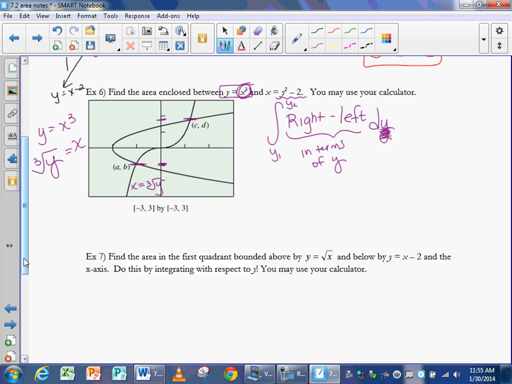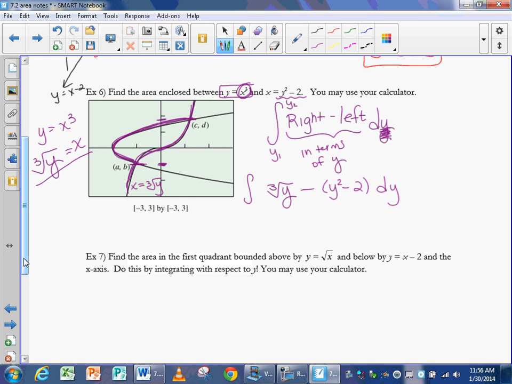So what it's going to end up looking like is the integral of right minus left. On this region, y equals x cubed, in other words x equals the cube root of y, is on the right. And then on the left, we have this sideways parabola, which is y squared minus 2. And now I need to figure out where they intersect.